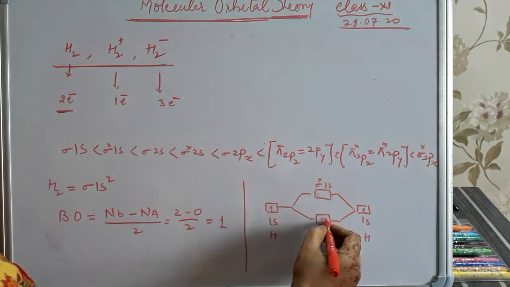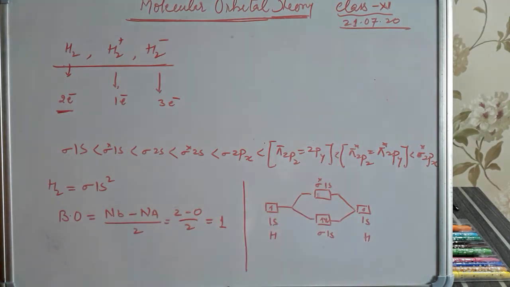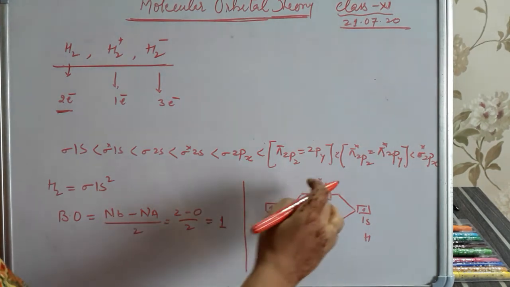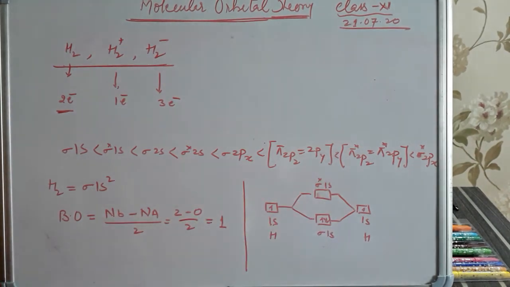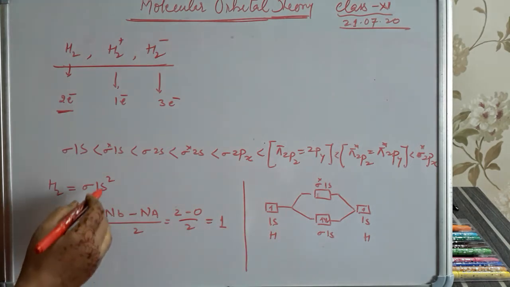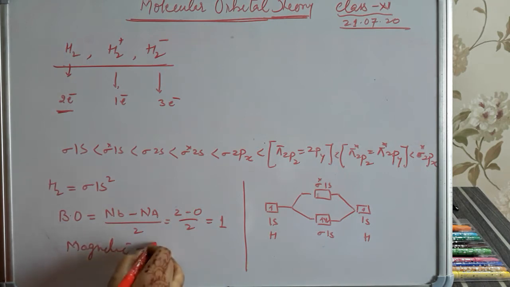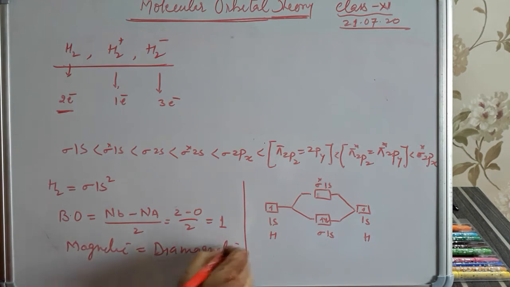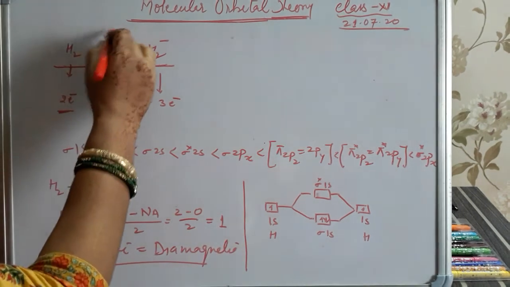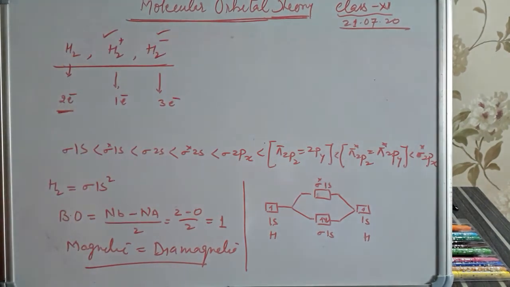Complete it. It has sigma 1s2, no electron present in the anti-bonding molecular orbital, and no unpaired electron. So the magnetic character of the H2 molecule is diamagnetic. Students, in this way you can find H2 plus, H2 minus, and so on.